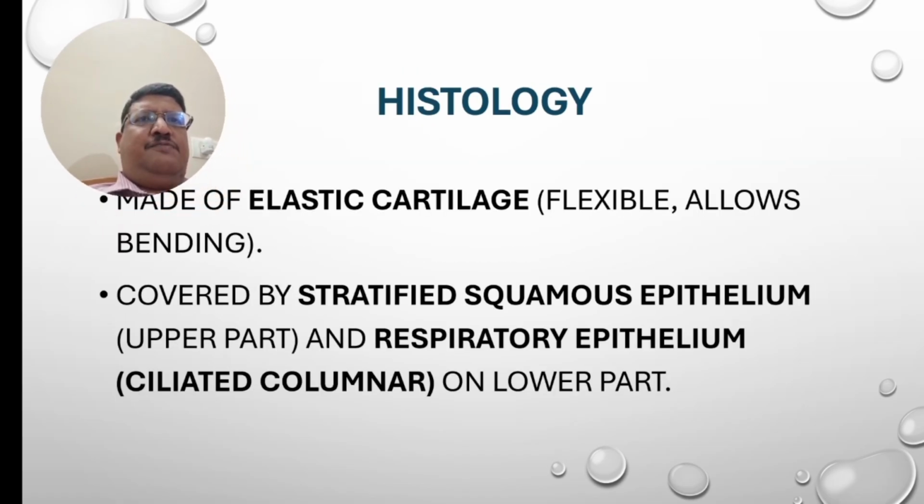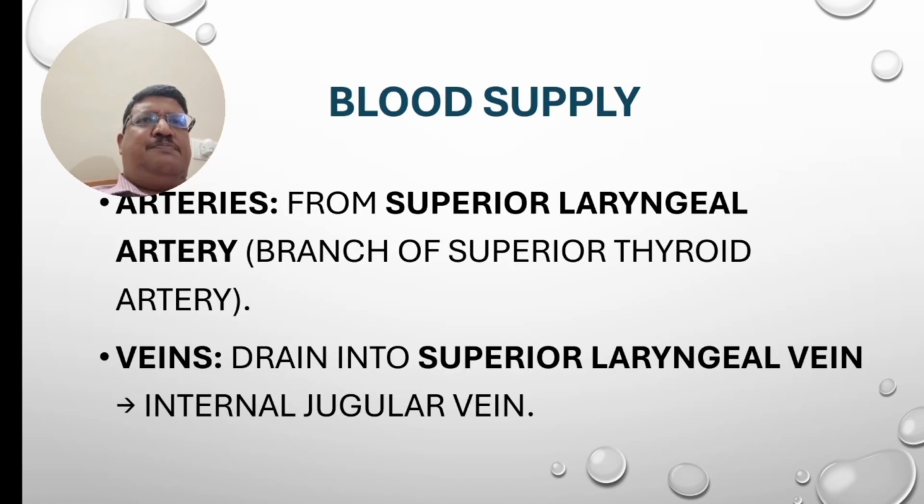Histology: made of elastic cartilage, flexible, allowing bending; covered by stratified squamous epithelium and, on the lower part, respiratory epithelium, ciliated columnar. Blood supply: artery from the superior laryngeal artery, a branch of the superior thyroid artery.